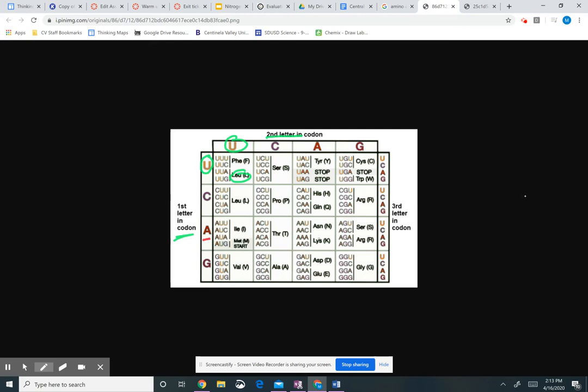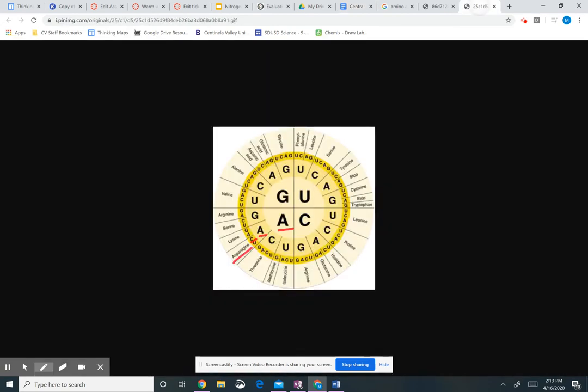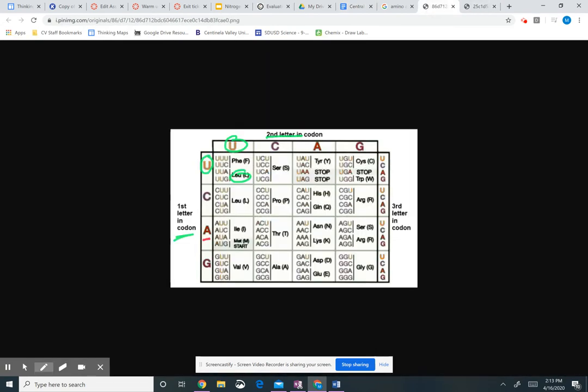Whoopsies. Wait. Go back here. ACC, my bad. So you're going to go ACC. So A, C, C is threonine, because that's where it all collides. Oh no, that's not right. C, asparagine. There it is. Now I got it right. My bad, guys.